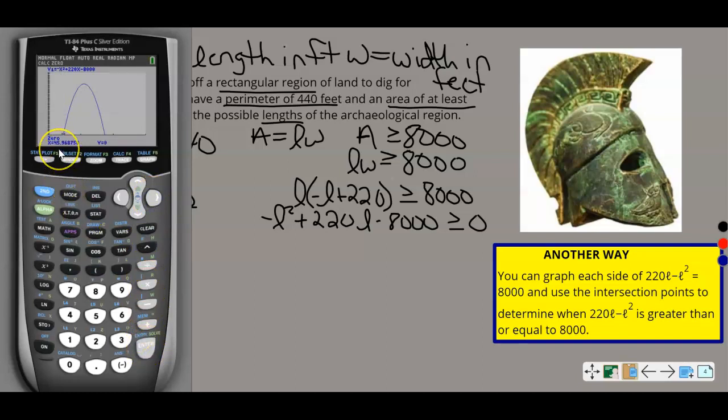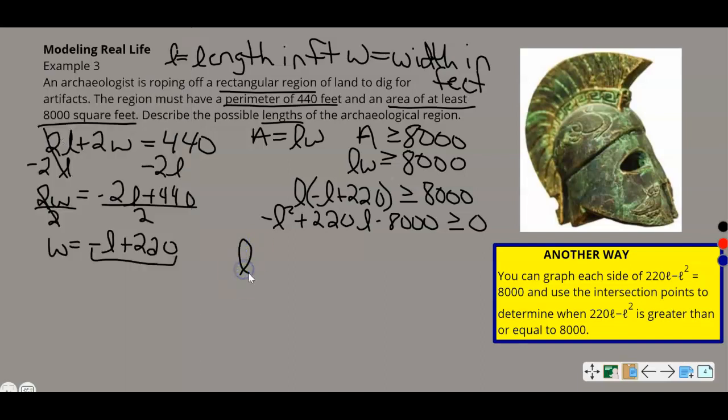And it's going to give you a 0 of about 45.97. So I'm going to call this one length because even though it's x, we know that we're working to solve for L. I just had to put x in the calculator.